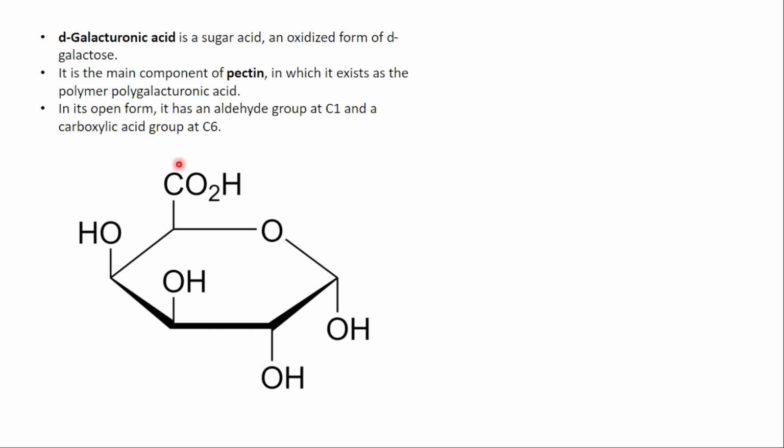And this is the repetitive unit of the polymer, where many such molecules of galacturonic acid join together to form pectin. So in its open form, it has an aldehyde group at C1 and a carboxylic acid group at C6. So this is the C6, and in open form, this O will be an aldehyde group. That's what it is saying.